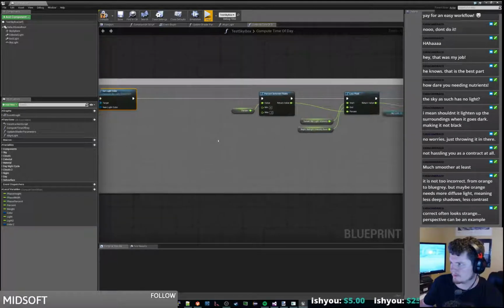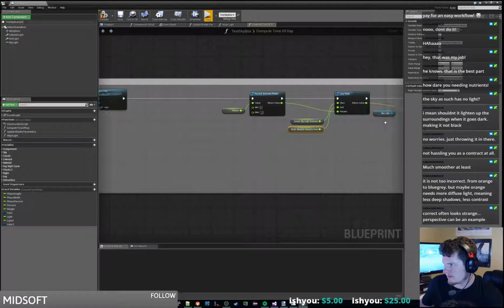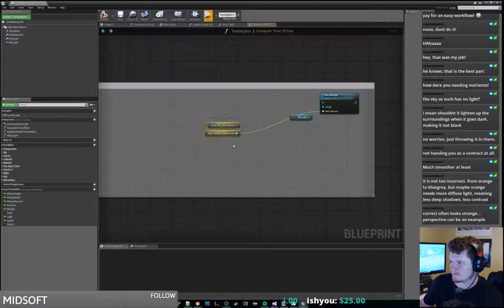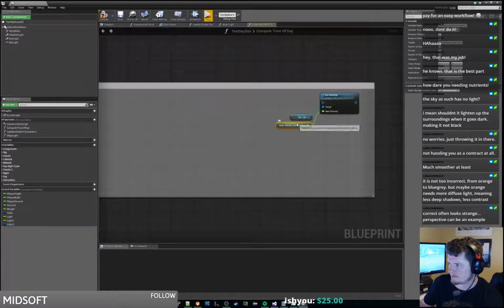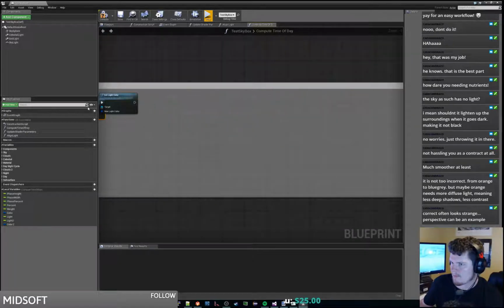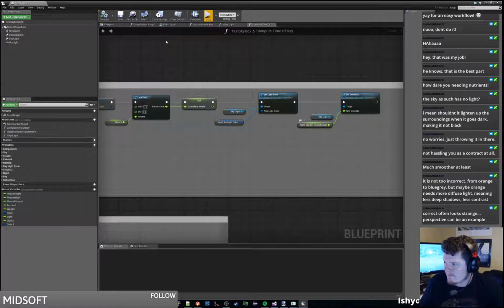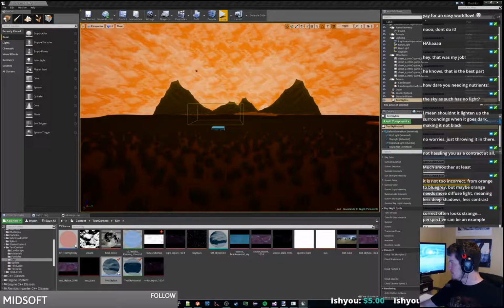So set the light color, and we'll set this color intensity. So when we do this, basically we're going to go to the sunset skylight intensity, night skylight intensity base.